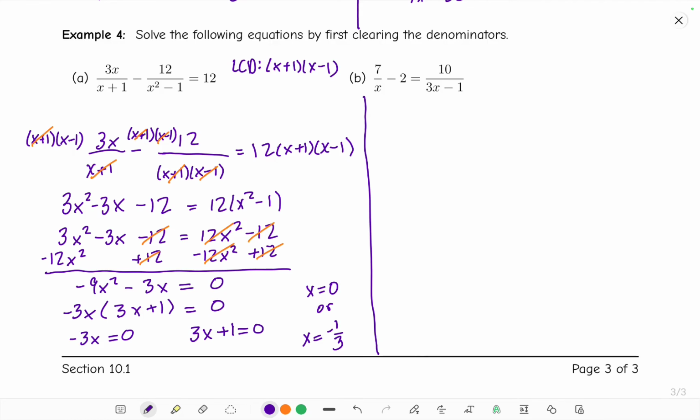Okay. B, 7 over x minus 2 equals 10 over 3x minus 1. Well, since x and 3x minus 1 cannot be factored, the LCD is x times 3x minus 1. So then I take that times everything.